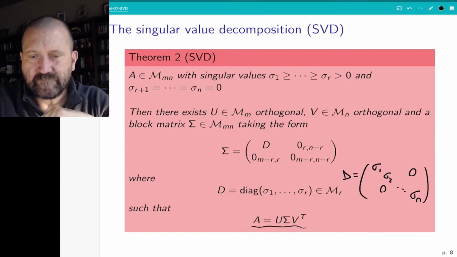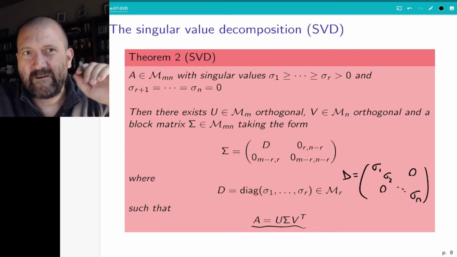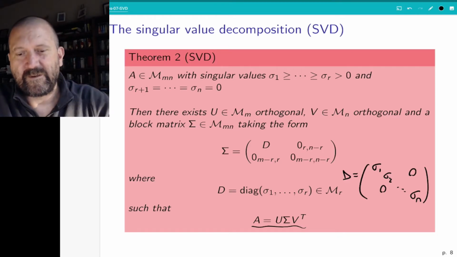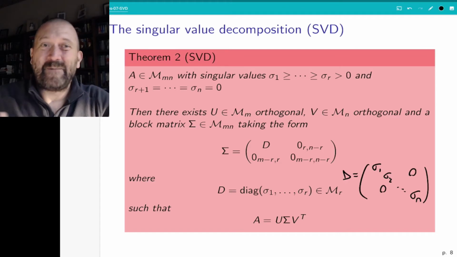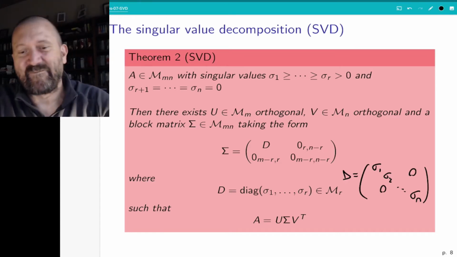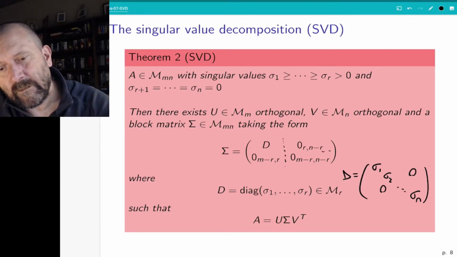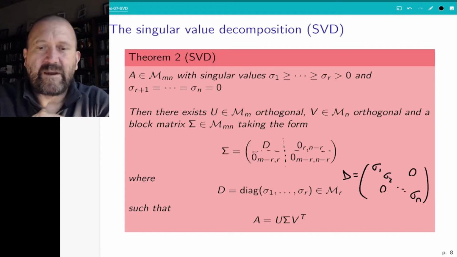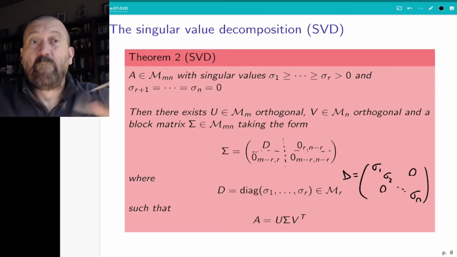Now, let me first come back to the idea of what a block matrix is, before we go any further. A block matrix, as the name implies, is a matrix which has blocks. If you want to think about it, what we have here is a matrix that we can cut into pieces, blocks.